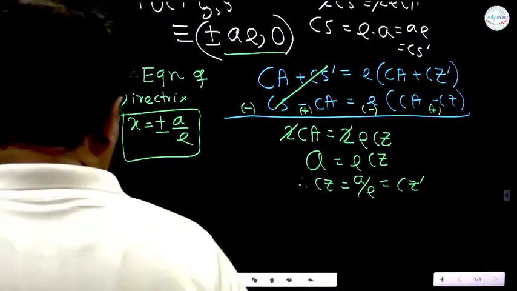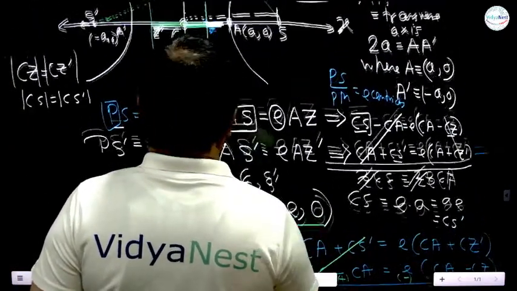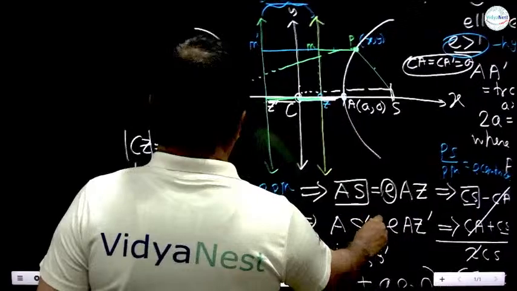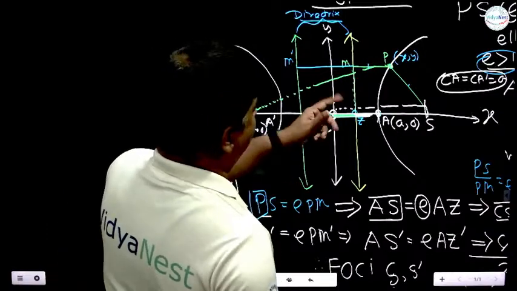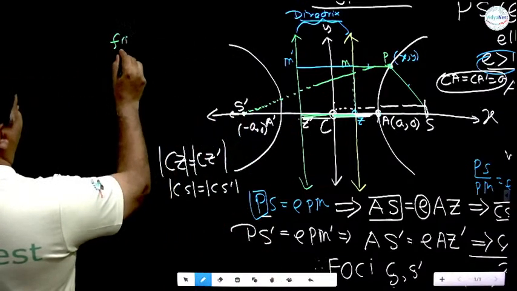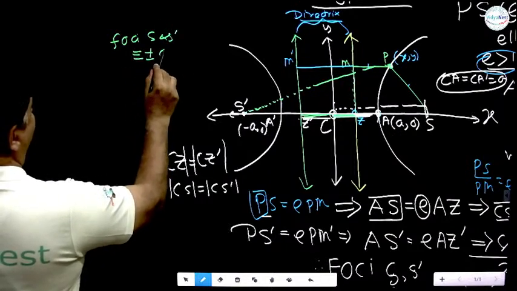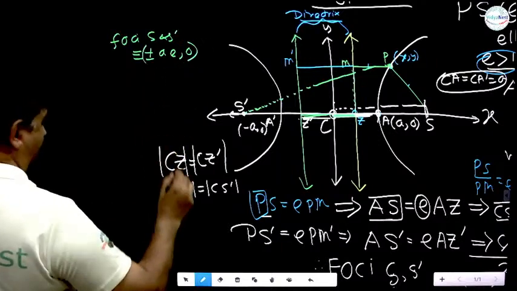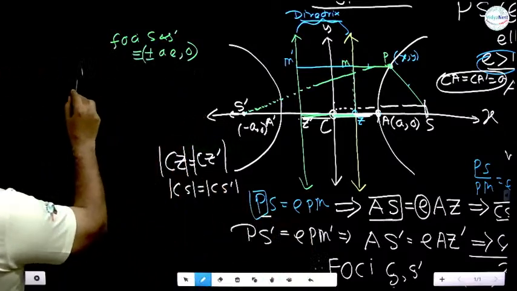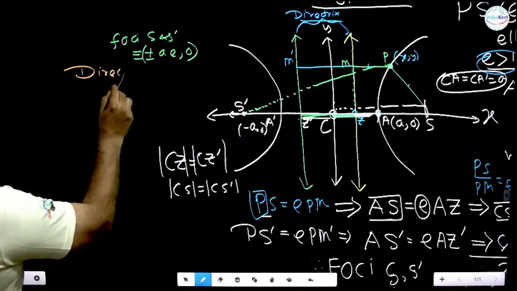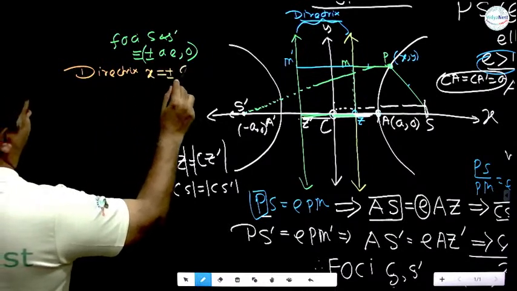Just wait. Again we have to take the help of this figure. So till now we have got foci S and S dash, that is plus minus AE comma 0, and directrix X is equal to plus minus A by E.